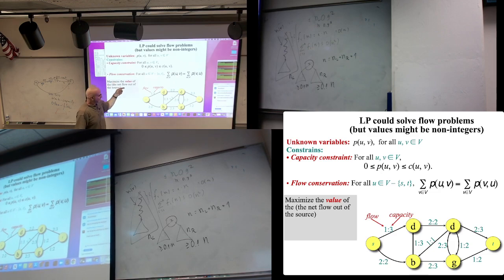So that would be my cost function. That is, what is the flow that I'll call PUV will be the flow along the edge UV. So here, my cost function would be maximize P from S to D plus P from S to B. That's the flow that is leaving it.